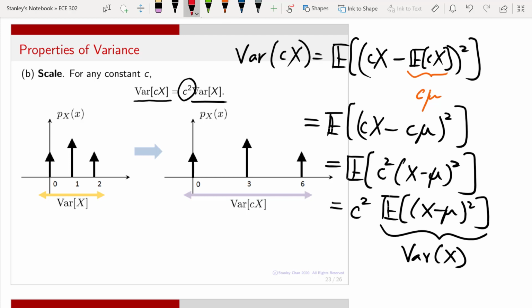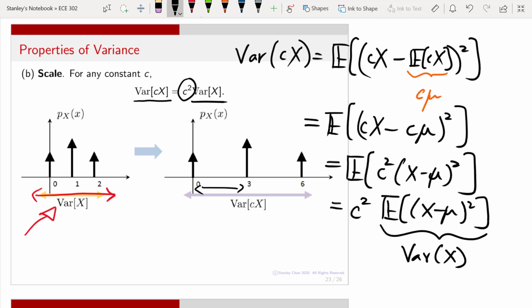So suppose you start with this probability mass function. You have 0, 1, and 2 as the states. The variance is really measuring the spread of your random variable. Now, if you multiply the random variable X with a constant c, like this one, the 0 maps to 0, 1 maps to 3, 2 maps to 6, so we're multiplying everyone by a constant 3, then the height of the probabilities are not changed.